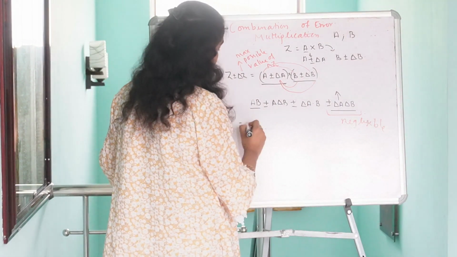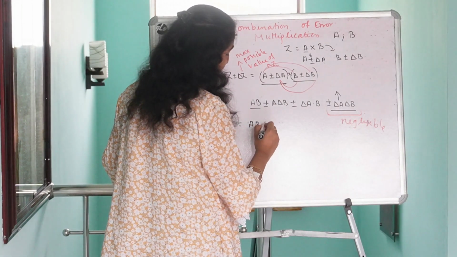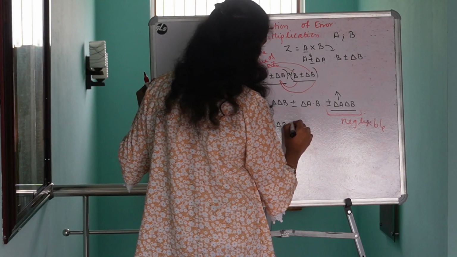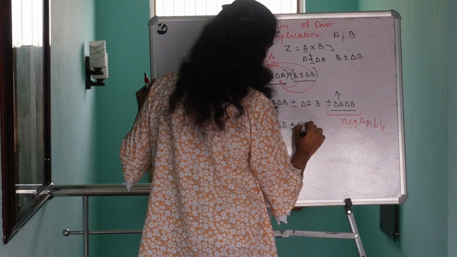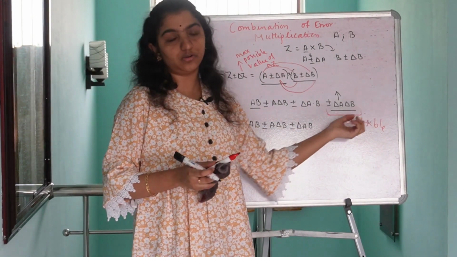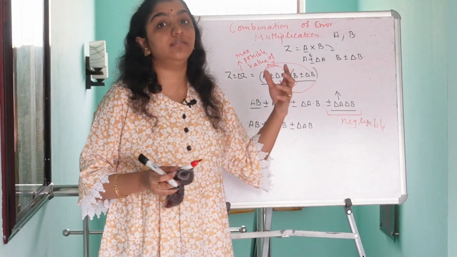So our equation then becomes AB plus or minus A del B plus or minus B del A. Is it clear? Yes, we ignored this term. Why did we ignore this term?